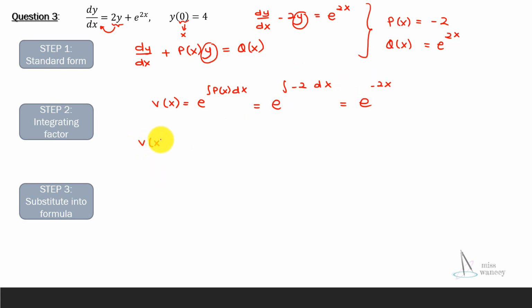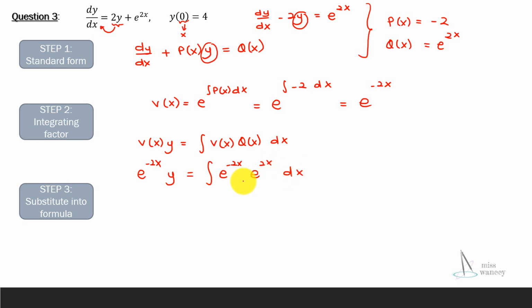Substitute into the formula. V(x) y equal to integral of V(x) Q(x) dx. So V(x) is e to the power of negative 2x multiplied with y, equal to the integral of e to the power of negative 2x, our integrating factor, times Q(x), e to the power of 2x, dx.